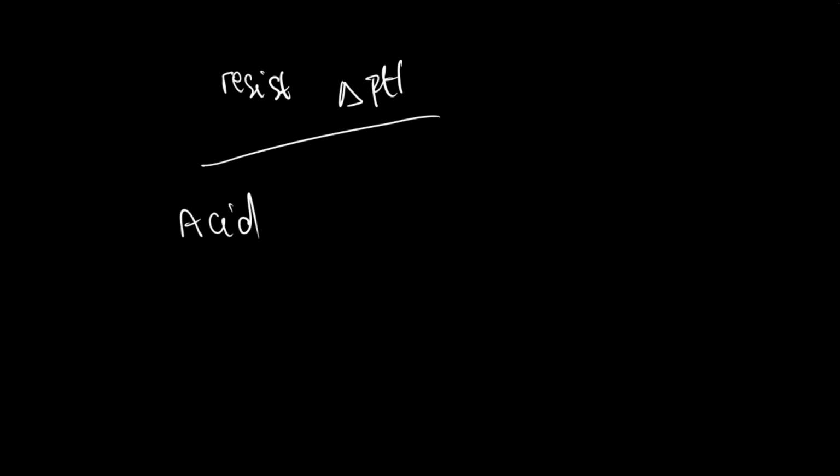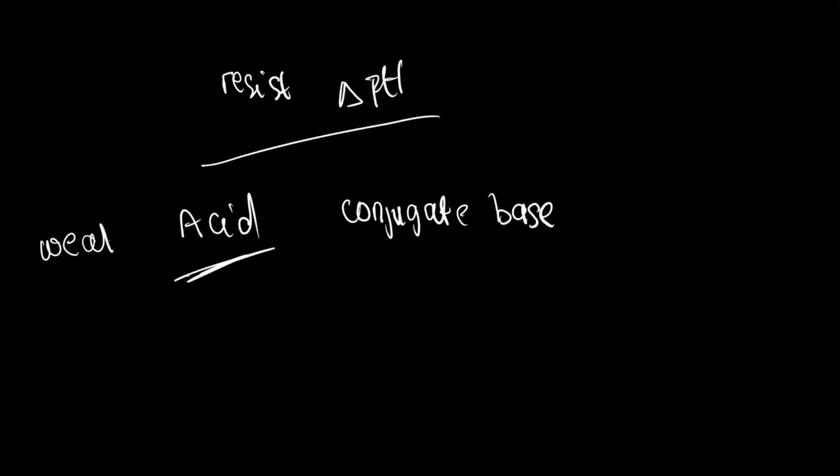Okay, and it's made of an acid and its conjugate base, as we would see. So a buffer system is made of a weak acid and its conjugate base, or in general chemistry, a weak acid and the corresponding salt of that weak acid. But for biochemistry here, we'll be considering the weak acid and the conjugate base.